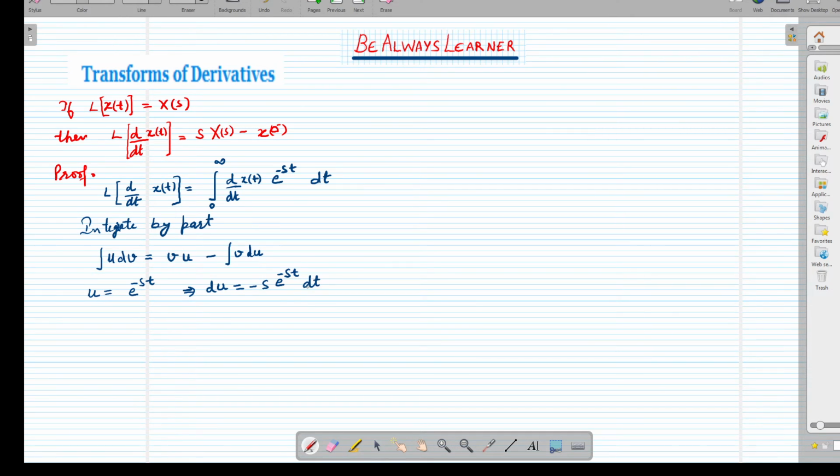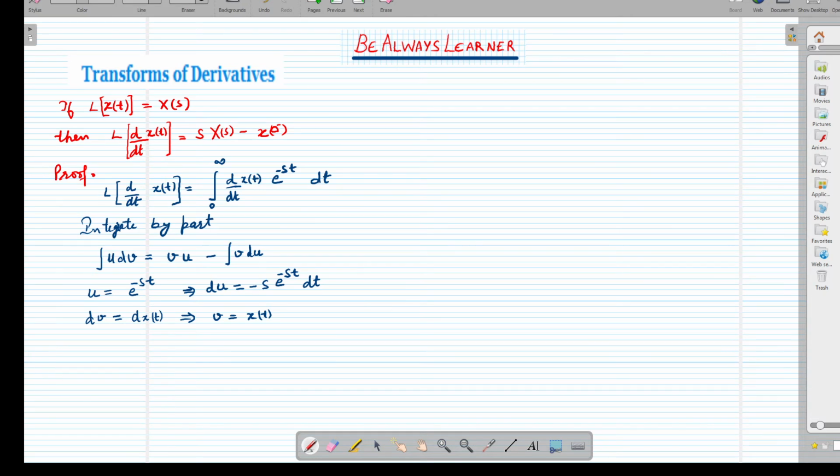Now, dv is equal to dx, which is a function of t, so that implies v is equal to x(t).